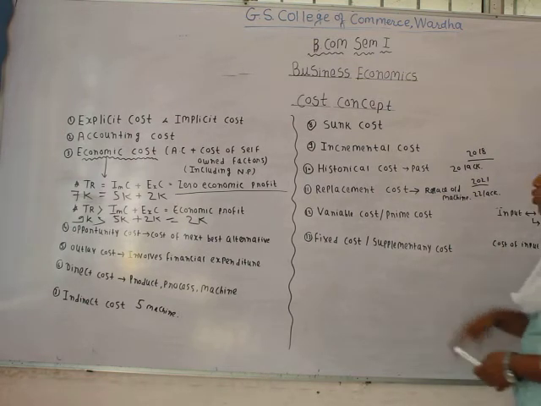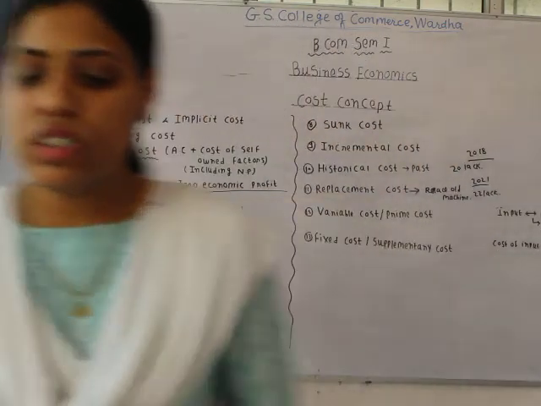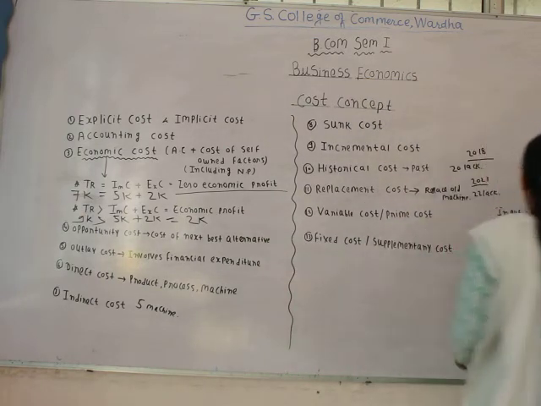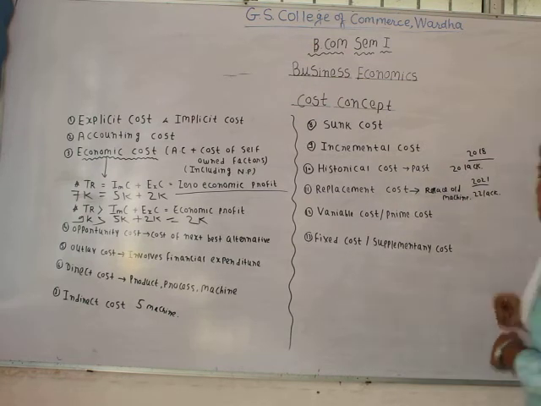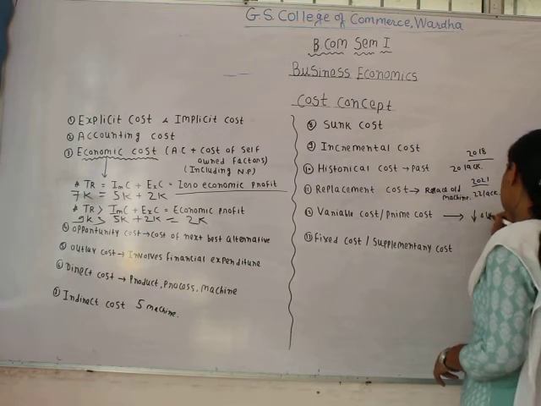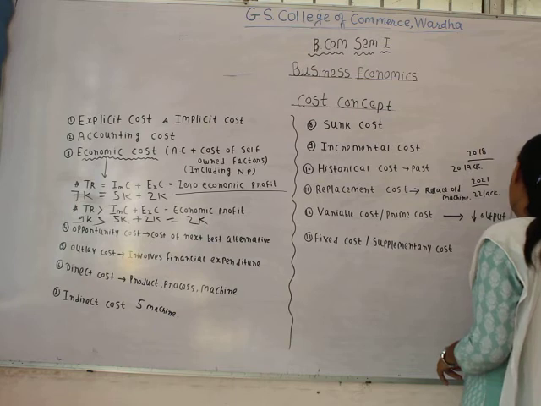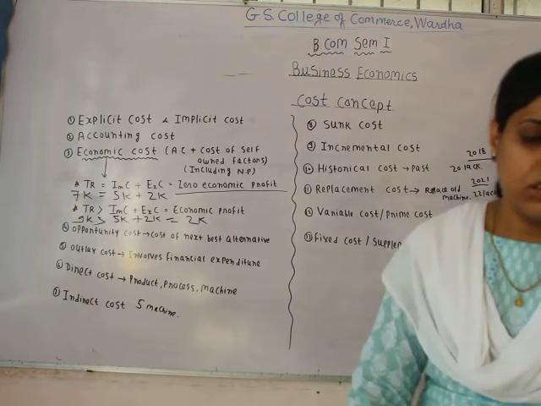Okay, the next one is variable cost. When we talk about variable cost, it's also known as prime cost, and it is a function of output. It means the variable cost increases with an increase in output and decreases with a decrease in output. Like you are producing calculators.